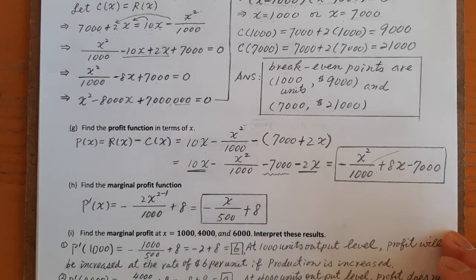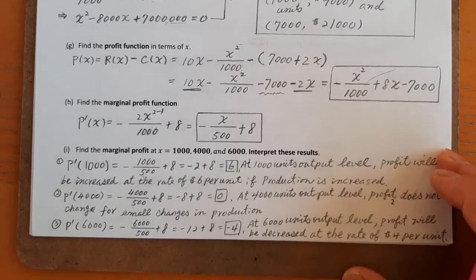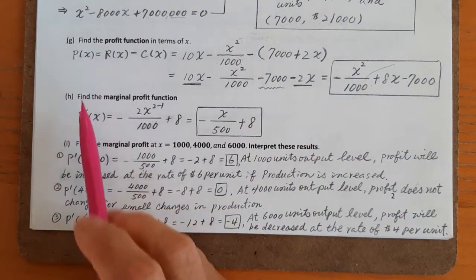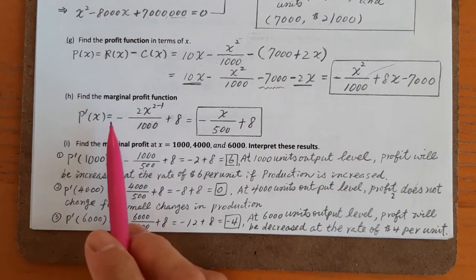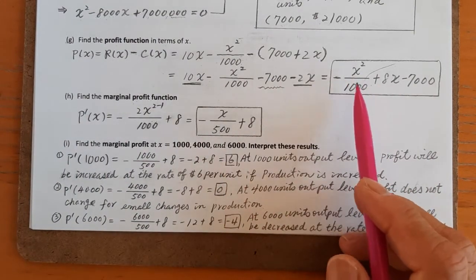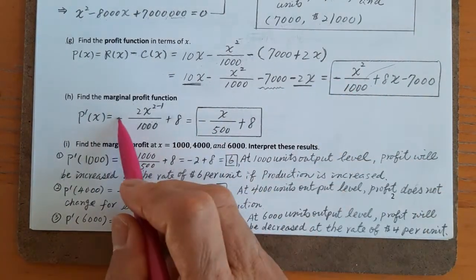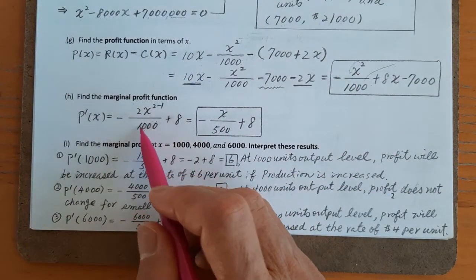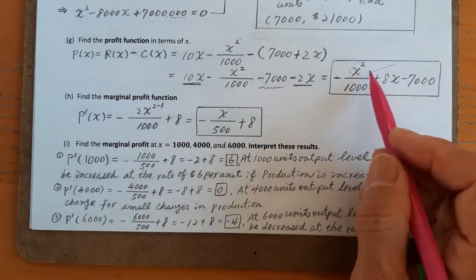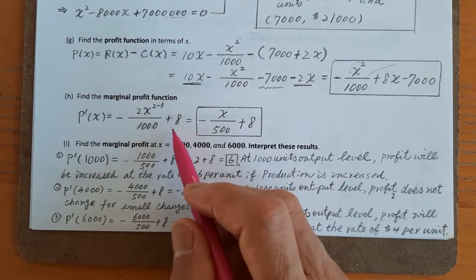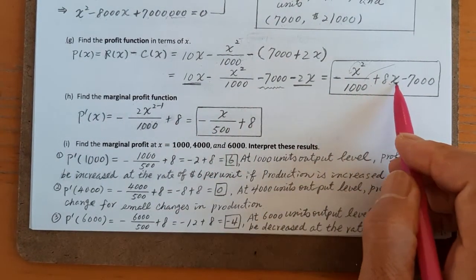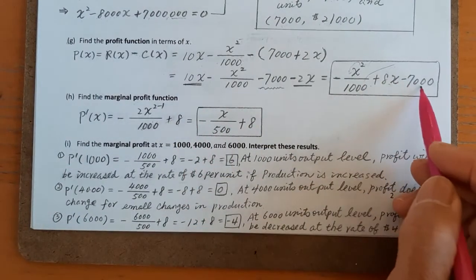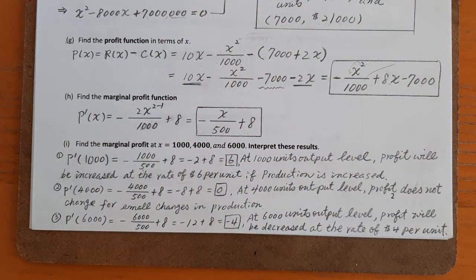Then find the marginal profit function. So for the profit function, take the first derivative. Here there is a negative, and the 2 goes from 2 over 1,000, x to the power 2 minus 1, plus 8x, whose derivative is 8. The constant term's derivative is 0.